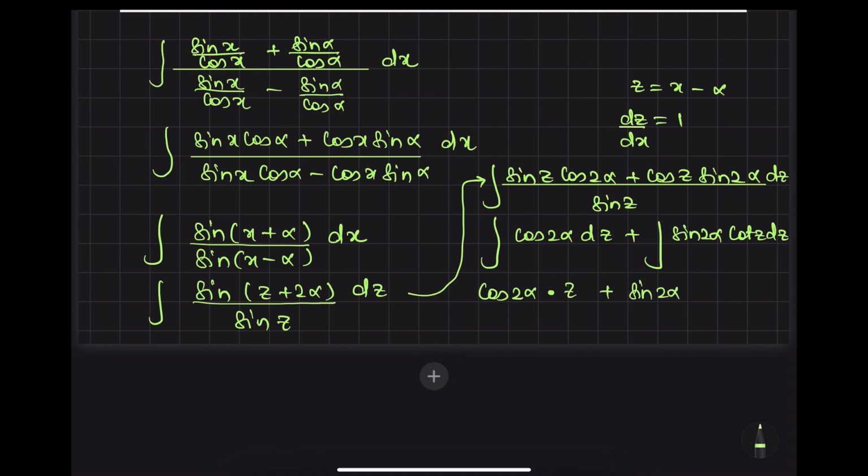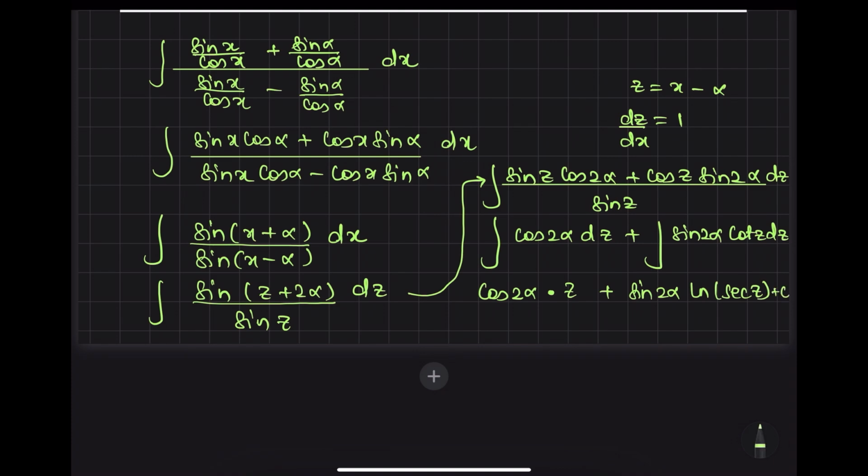Now the integration of cot z is ln sin z. So ln sin z, and then we have the integration constant c.